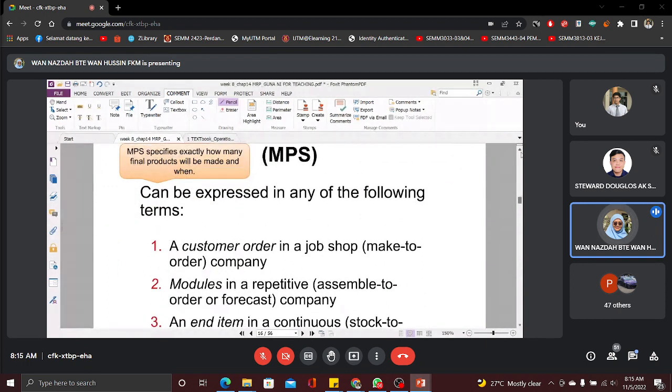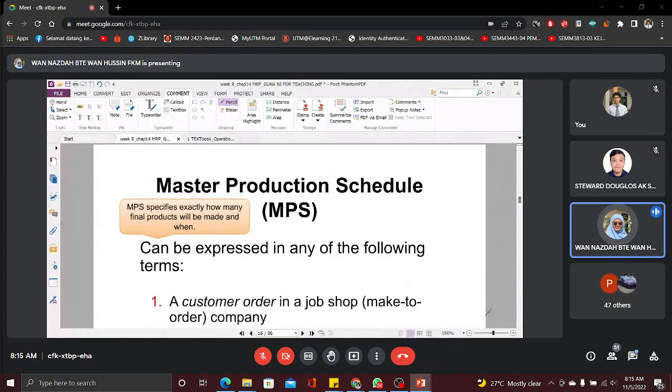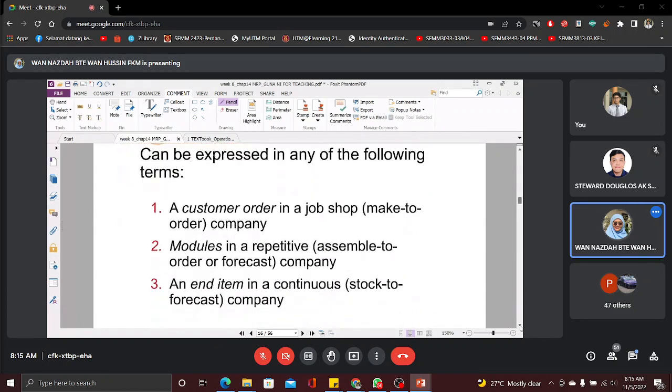Alright, so this master production schedule is actually different for different companies; each will have different types of production schedule. Say, for example, your company practices receiving orders from customers, make to order. Meaning that company is a job shop type.